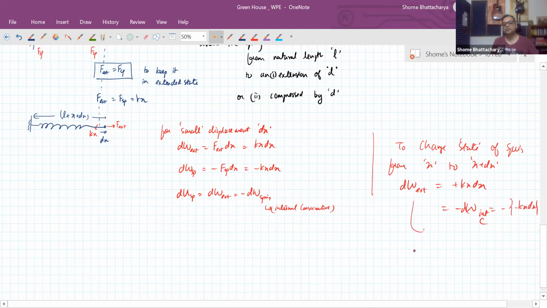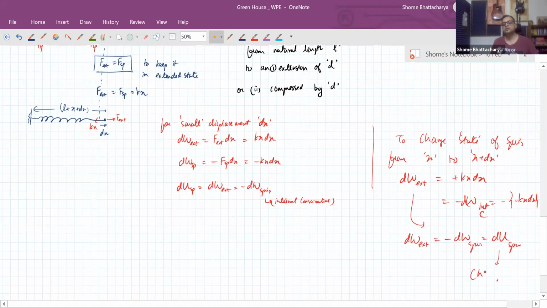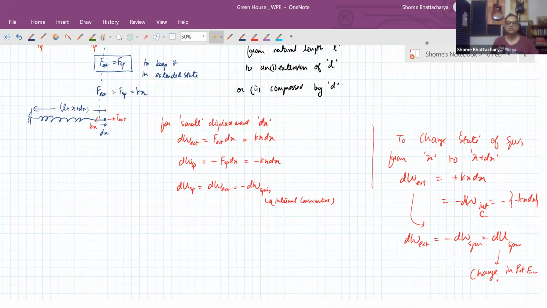Okay, and that work, which is equal to negative of the work done by the spring force, is stored in the spring as potential energy. That is the change in the potential energy. Okay, but that's happening for that very small change.